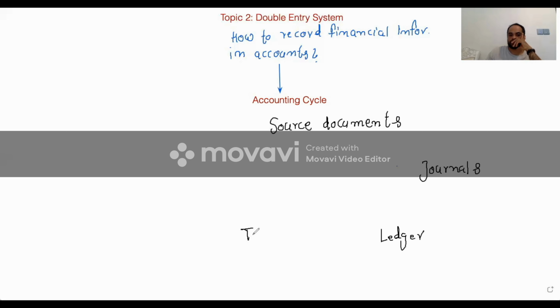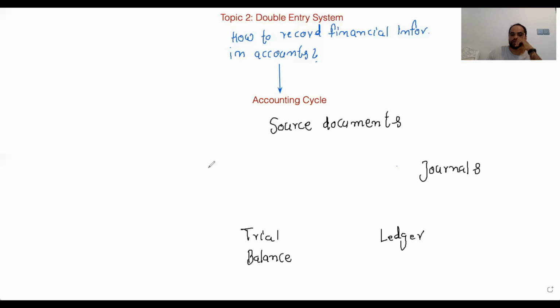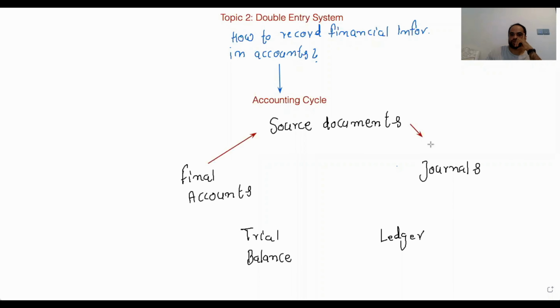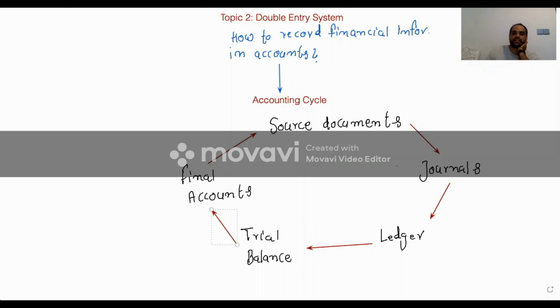Then trial balance. And then we have final account. So we have these steps. All right. So this is the accounting cycle.